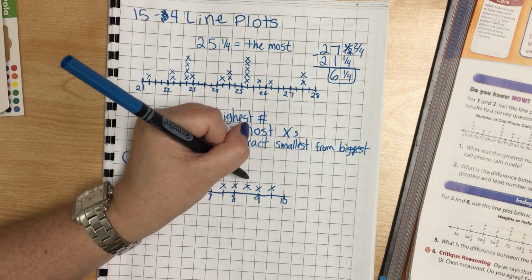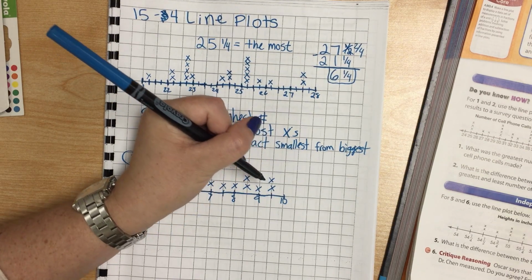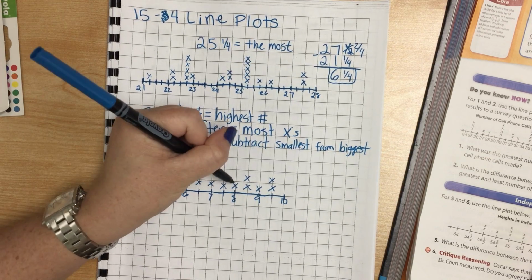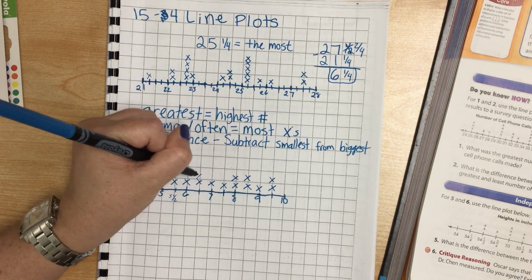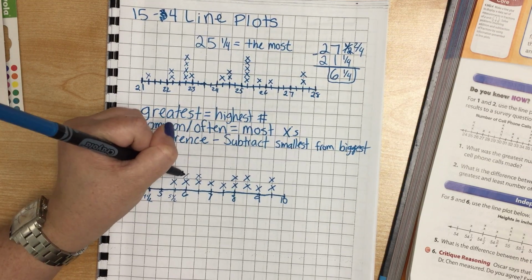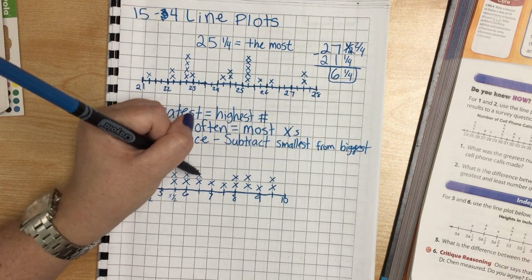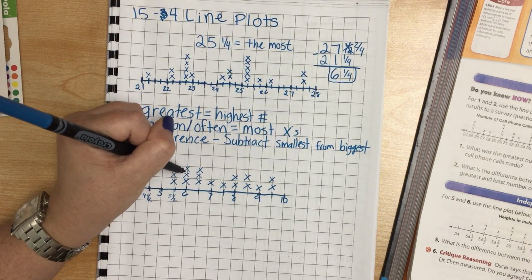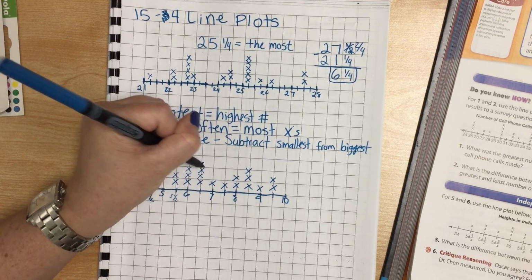Then another 8.5. Then 9.5. 6.5. 8. 6.5. 6. 5.5. 6.5. 6. 8.5. And then 6.5 again. All right.